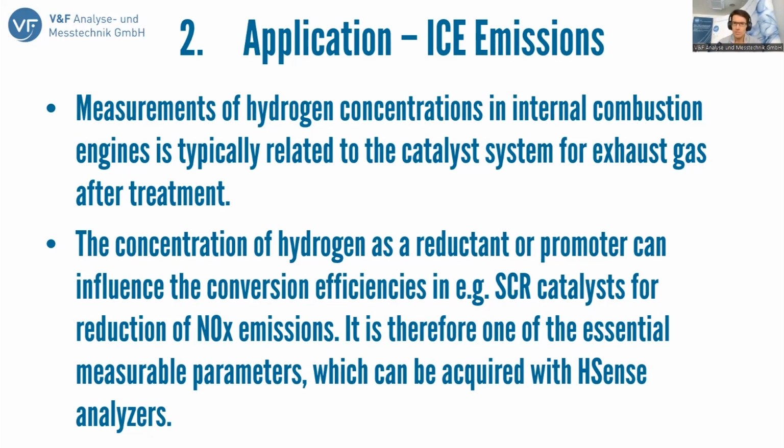One good example is SCR catalysts for nitric oxide and nitrogen dioxide emissions. This was one of the essential parameters to run those experiments, and it could be measured very well with our HSense instrument.